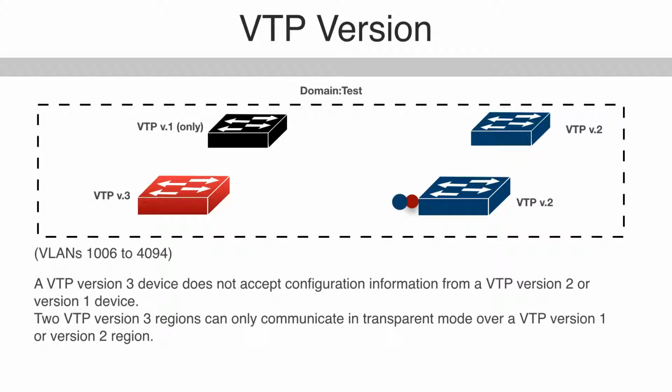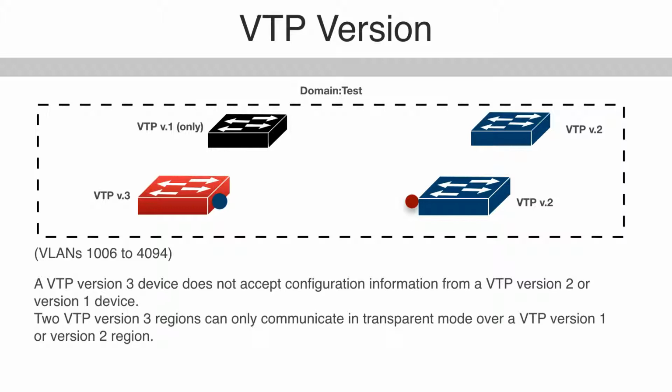When a VTP version 3 device trunk port receives messages from a VTP version 2 device, it sends a scaled-down version of the VLAN database on that particular trunk in VTP version 2 format. A VTP version 3 device does not send VTP version 2 formatted packets on a trunk unless it first receives VTP version 2 packets on that trunk port.